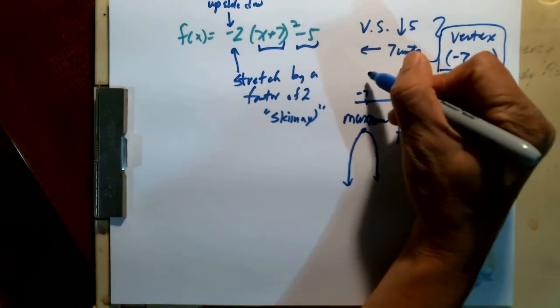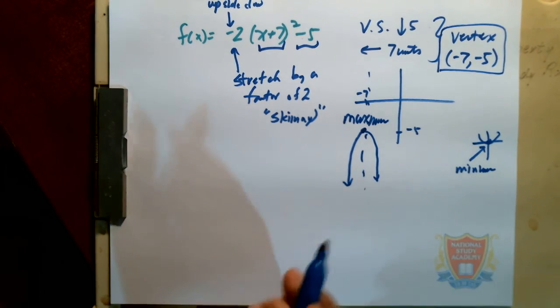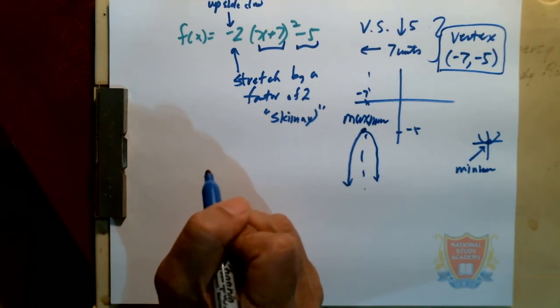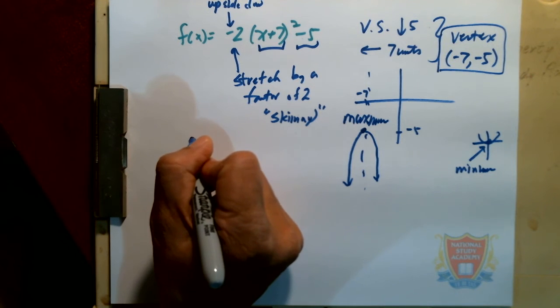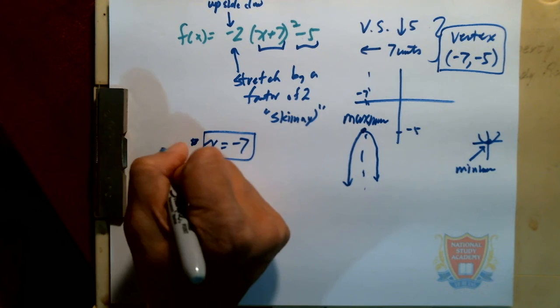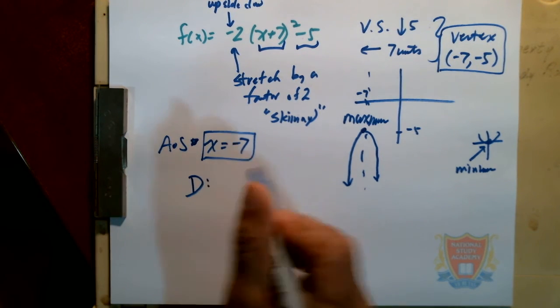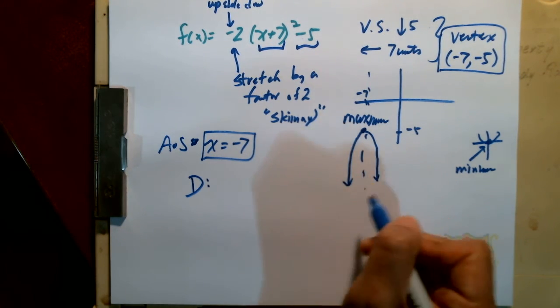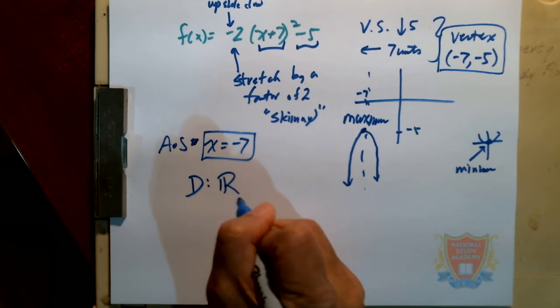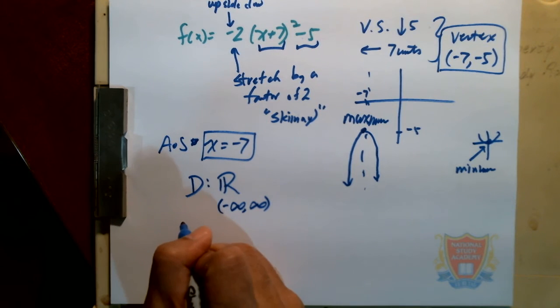What is the equation of your axis of symmetry? Your axis of symmetry is going to be x is equal to negative 7. That's your AOS. And we also need to find the domain. The domain for all parabolas is all real numbers, which is negative infinity to infinity in interval notation.